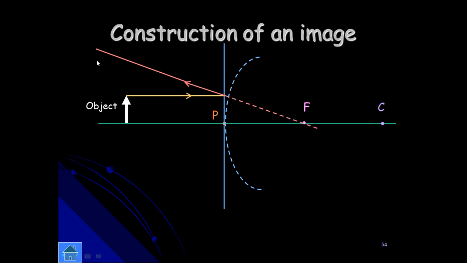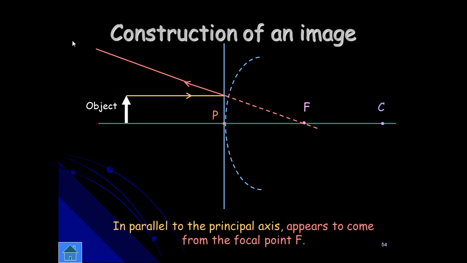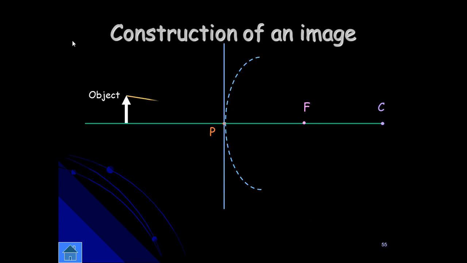So we create a dotted line behind because we've used this element as the mechanism for sending the ray in the opposite direction. It appears to come from some hidden point inside the mirror, whereas an object going straight towards the focal point comes back parallel.